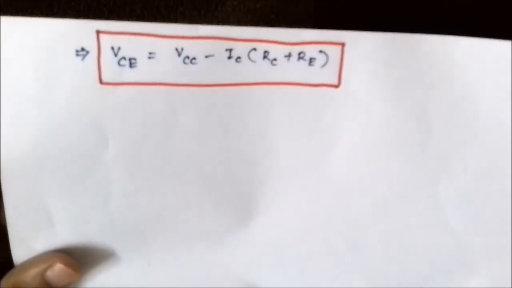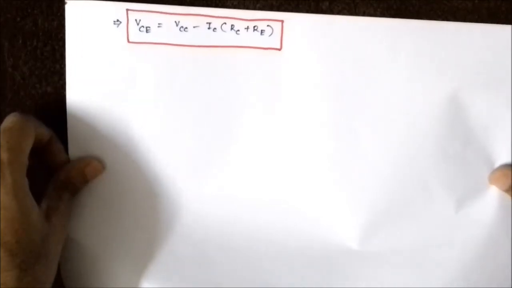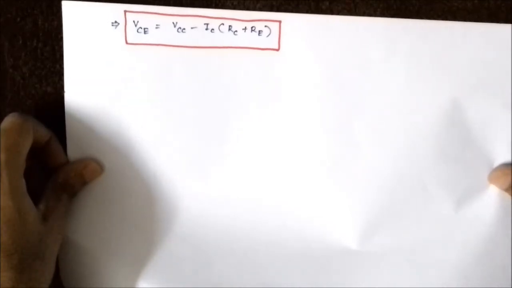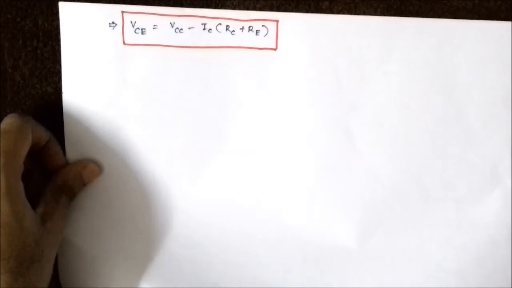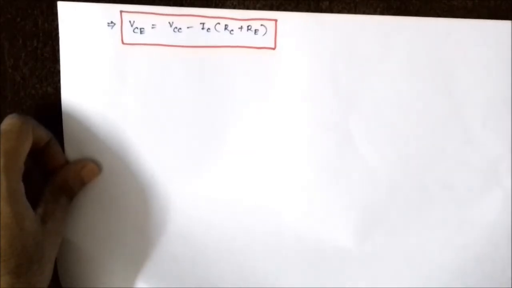Okay, so here we have determined the value of the collector current, which is the output current, and the collector emitter voltage, which is the output voltage. In any DC biasing circuit, this will be the objective of the DC analysis: to find out the output current and the output voltage, and then to plot the output characteristics at constant base current values.